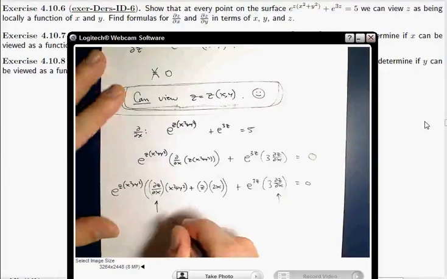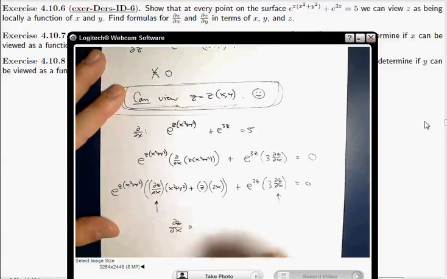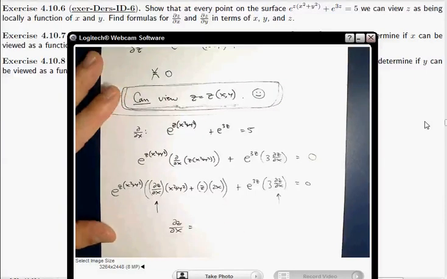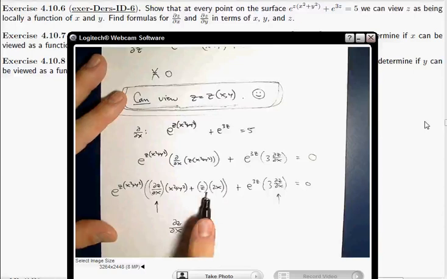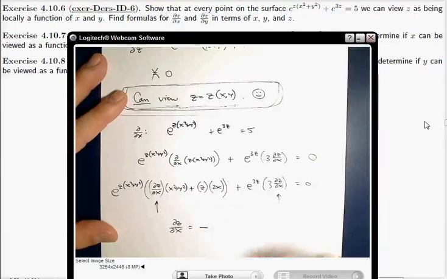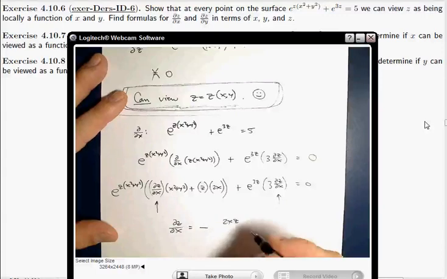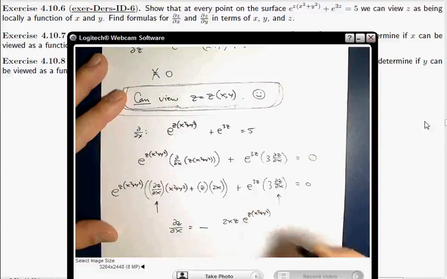And I claim partial z with respect to x is, well, let's see here. This term goes over to the other side, so we get 2xz e to the z times x squared plus y squared.